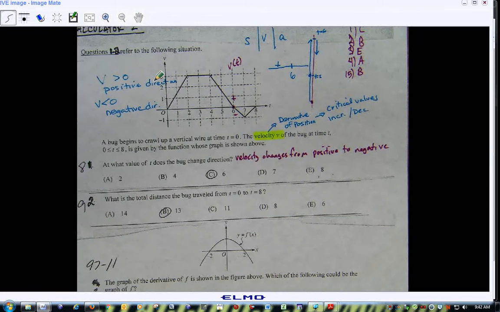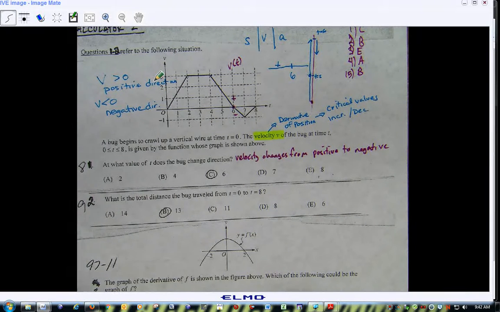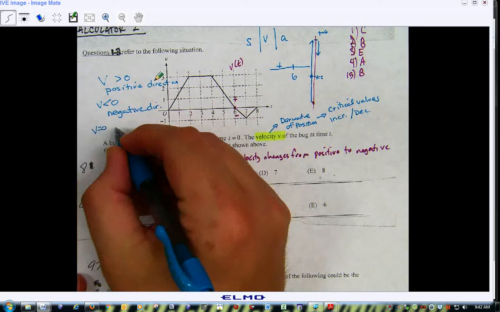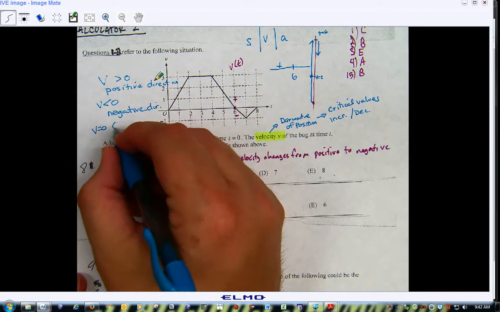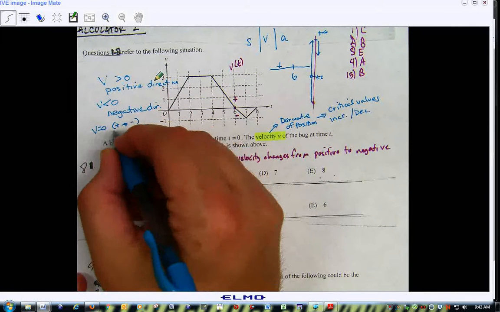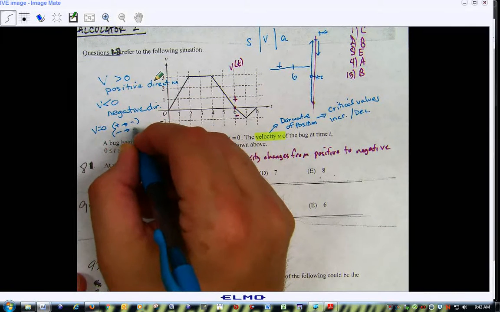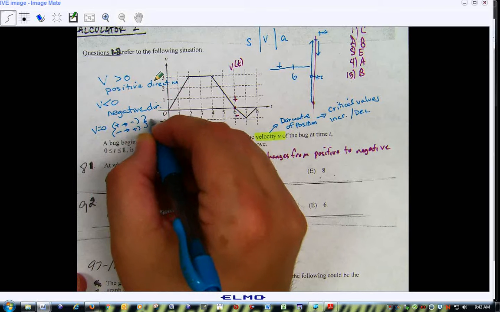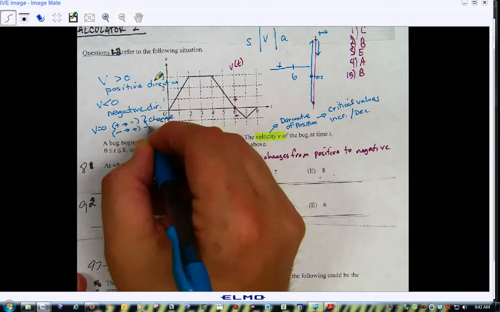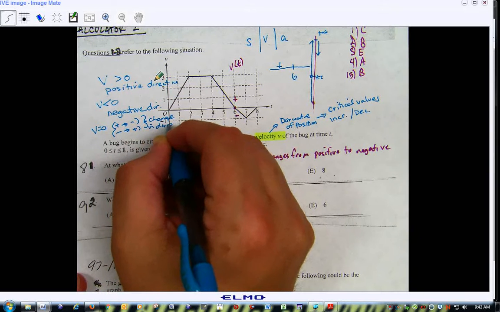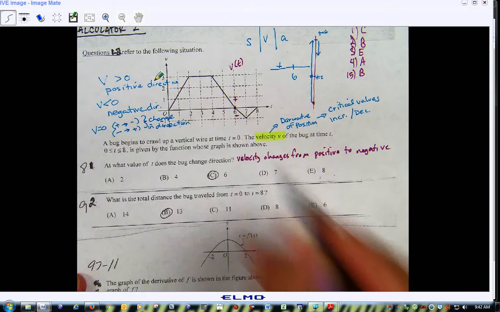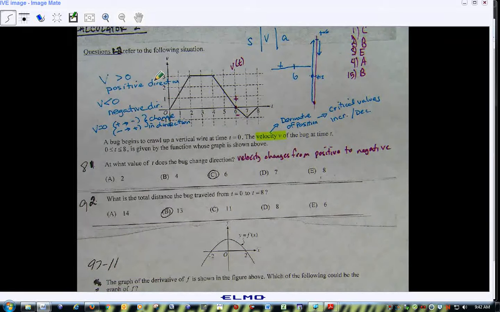So wherever velocity is 0, so v equals 0, and it goes from positive to negative or negative to positive, that's a change in direction. Does that make sense? Good. So we got that.